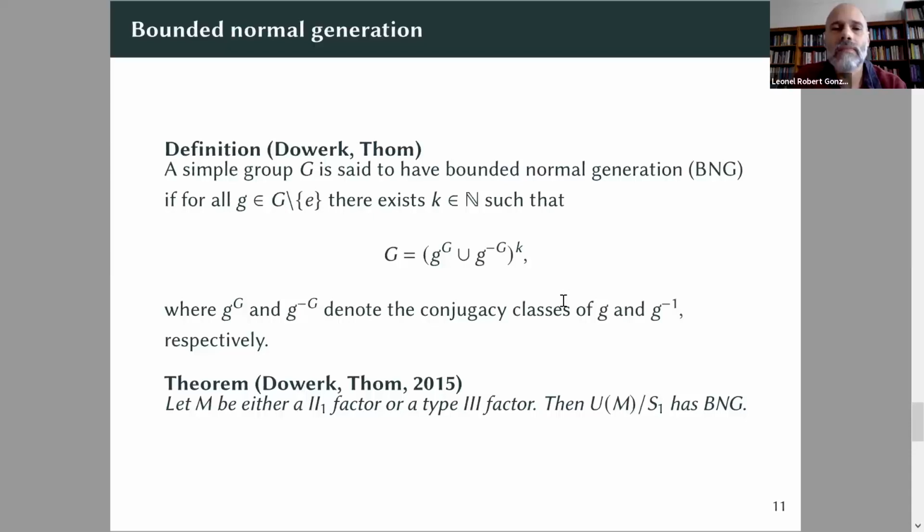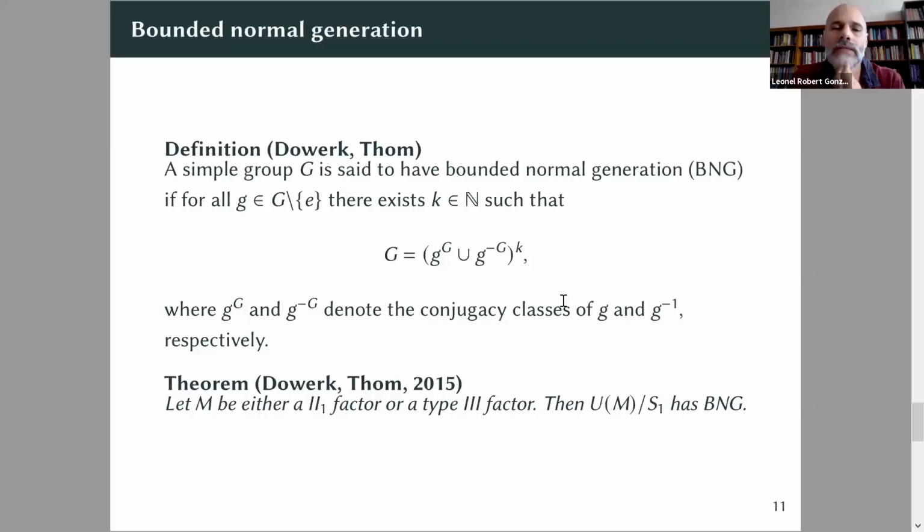So this automatically implies simplicity of G, but the point here is that instead of taking the union of the powers of the conjugacy class of g and g inverse through all the natural numbers, we can stop at a finite number. After a finite number, we generate the whole group.